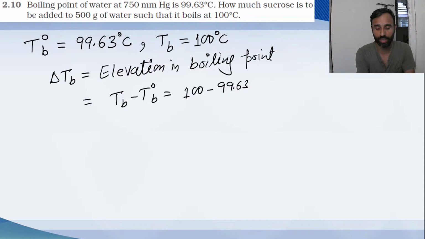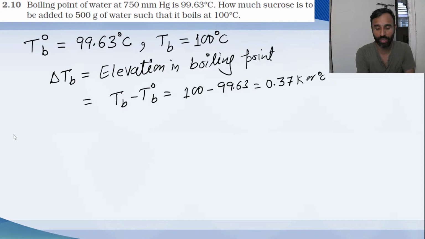So 100 minus 99.63, so it is 0.37. So this is delta TB. It can be written as Kelvin or degree Celsius because change in temperature remains same. Either it is in Kelvin or degree Celsius, okay, because it is a change.